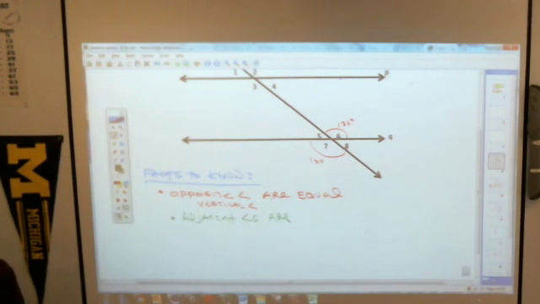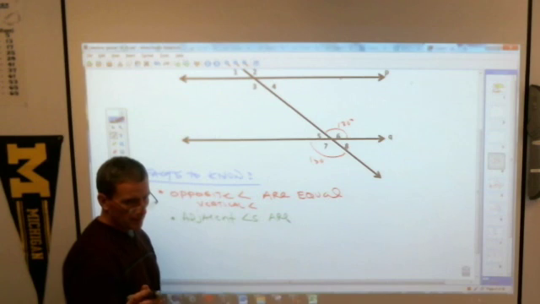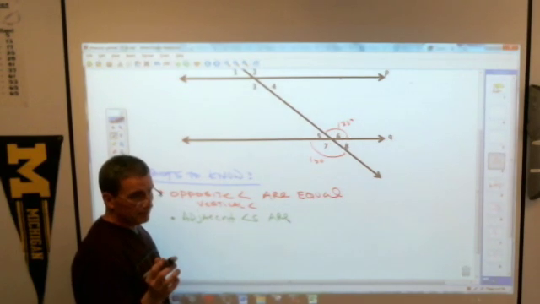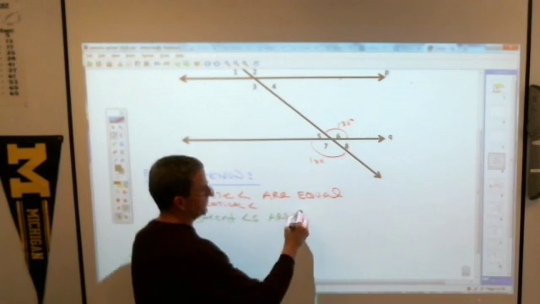It's a fact that we didn't state yesterday. Don't tell me that they share a common side. I want to know a fact about adjacent angles. Starts with an S. They are supplementary.